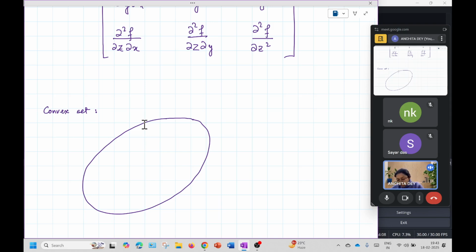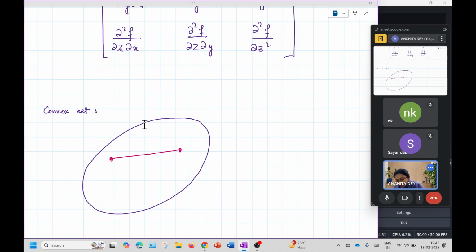Now you take any 2 points on this set, including the boundary if the boundary is included, then you join them, and the joined line segment should lie inside the set. That's the simple idea. Okay. So it doesn't have to be in the interior of the set, but it should belong to the set as well.